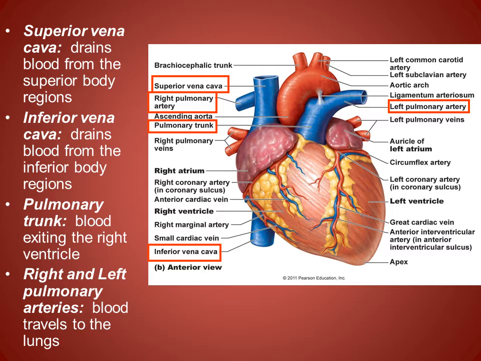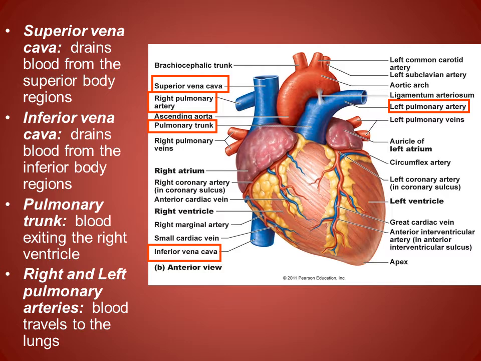It's draining everything below the diaphragm and returning it also to the right atrium. What you do not see on this, and we'll talk about in a bit, is the coronary sinus, which is also draining blood from the heart muscle itself, returning it. Blood returning to the heart is going to come into the right atrium.